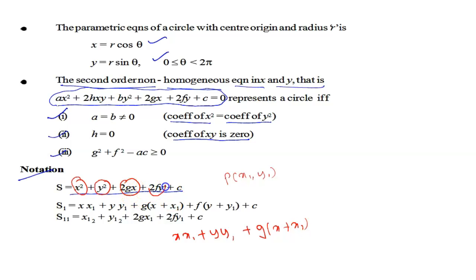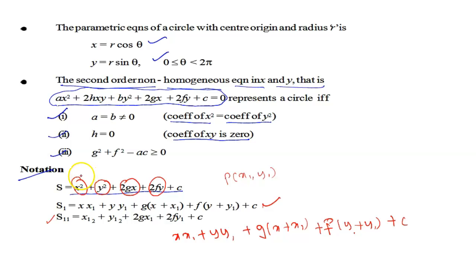Again the same thing, 2fy can be written as f of y plus y1, plus c. So S1 is nothing but xx1 plus yy1 plus g of x plus x1 plus f of y plus y1 plus c.